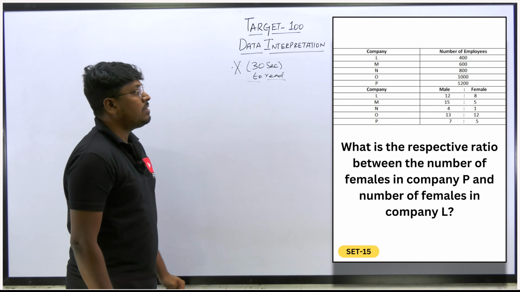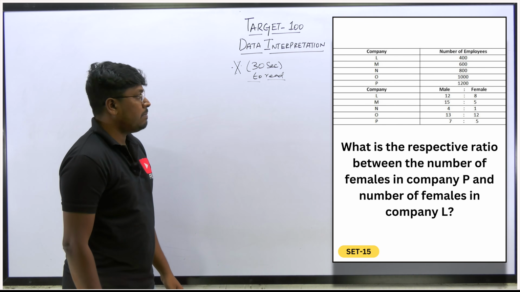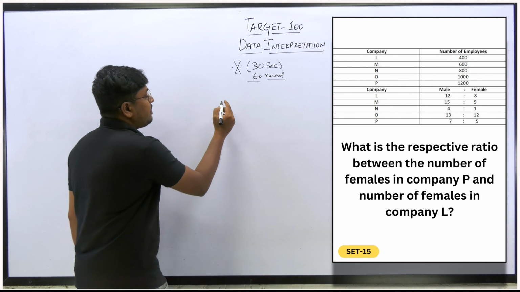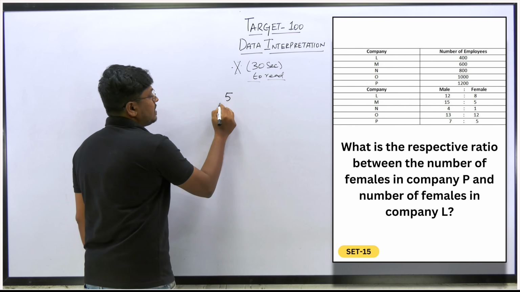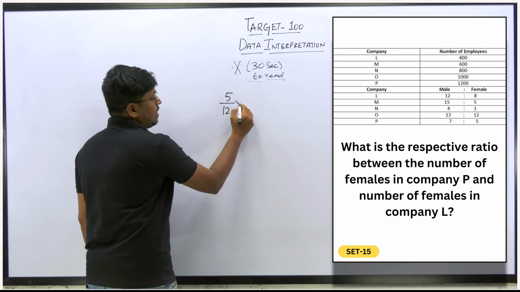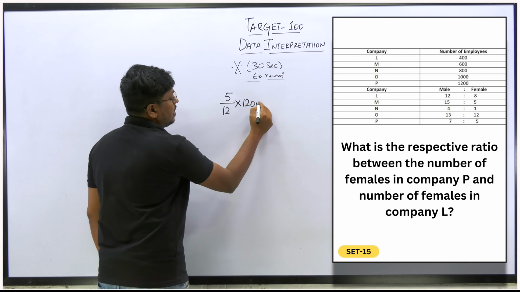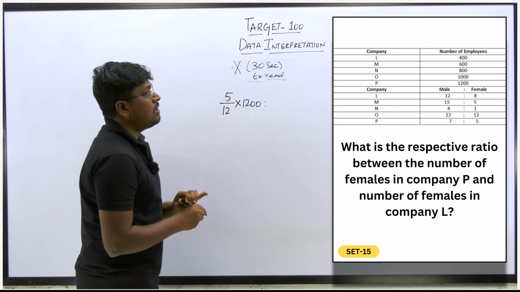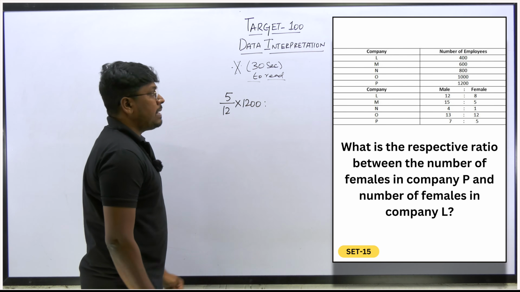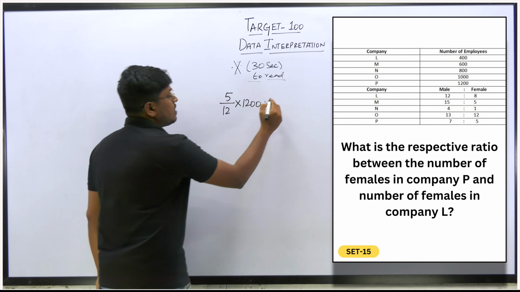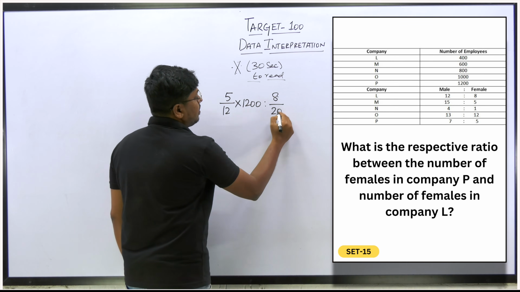What is the respective ratio between the females of company P and L? Company P female is how much? 5 parts, divided by the total parts, which is 12. And company P, how many employees are there? 1200. The second will be the number of females in company L. Company L female is how much? 8 parts, divided by total 20.